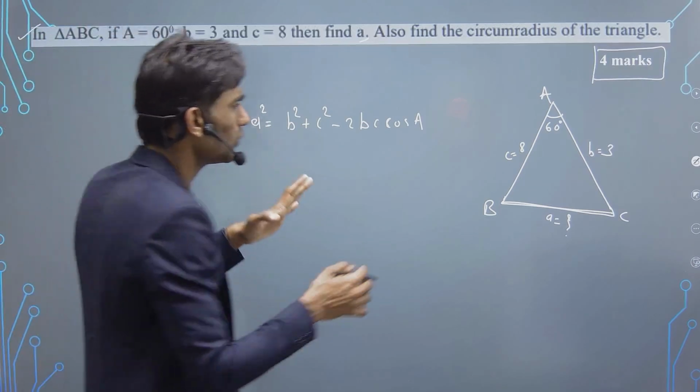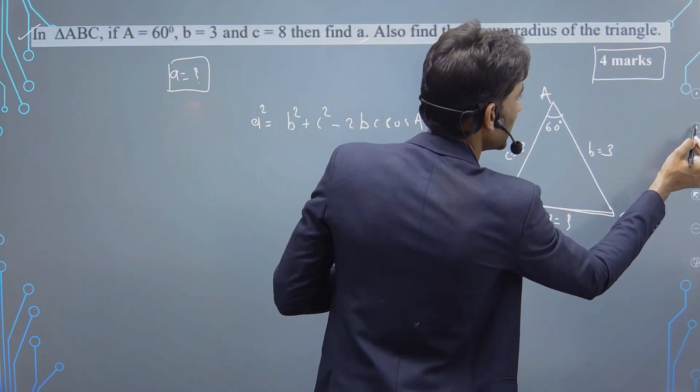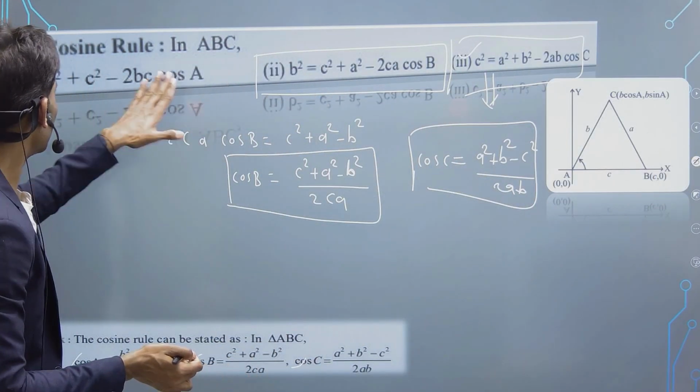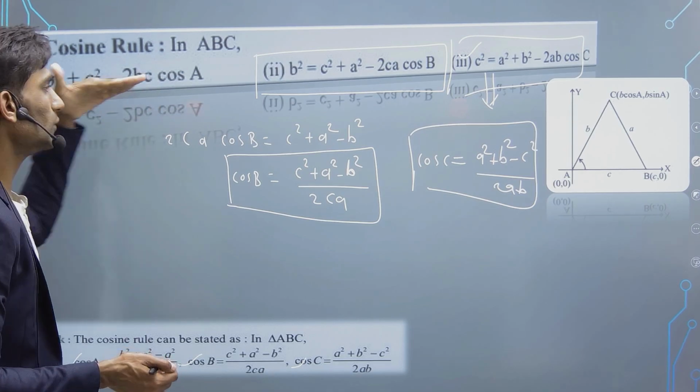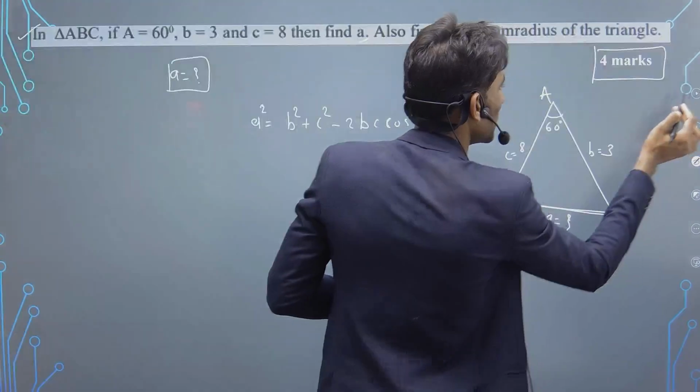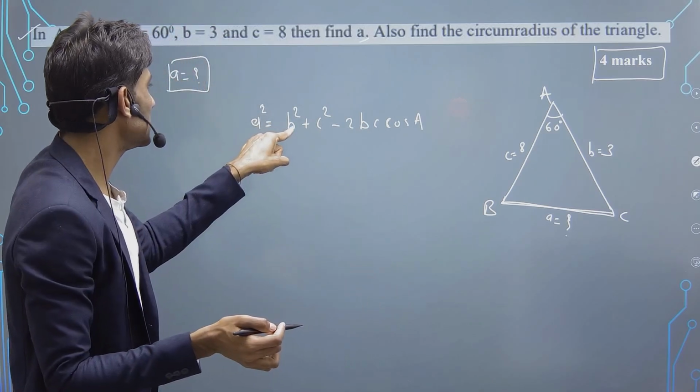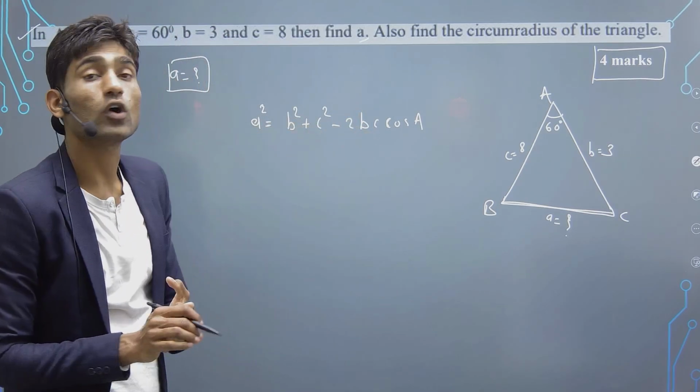If you want to see this result, you may check it here. That result we are going to apply in our example: a square is equal to b square plus c square minus 2bc cos A.